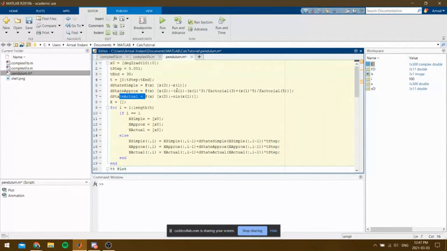Our approximate derivative was using that Taylor series expansion. So we have, how many terms is this? 1, we have the x cubed term, and we have the x to the power 5 term. And then the actual derivative is when we calculate the sine of our angle.